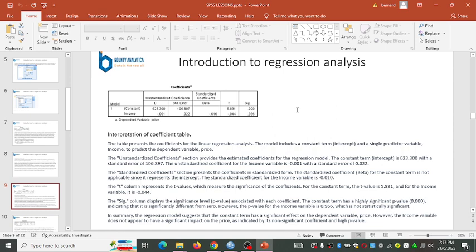The null hypothesis for the coefficient is that income variable has significant impact on the price. That's the null hypothesis. And the alternative is the opposite of that one now.